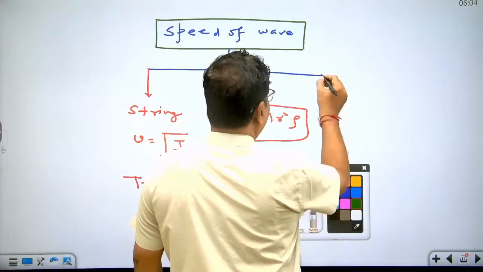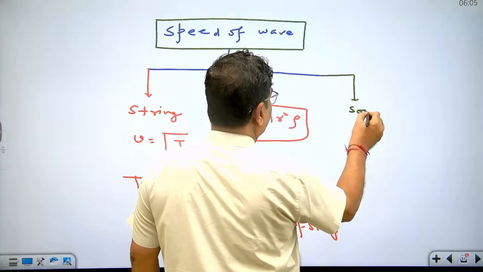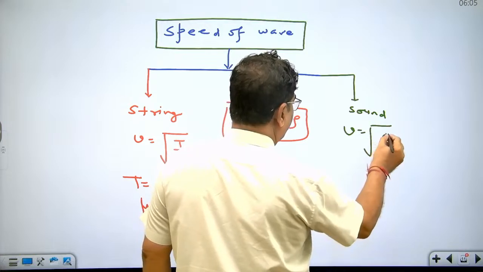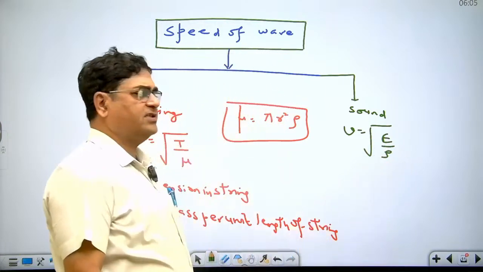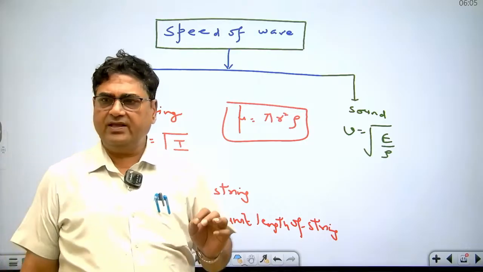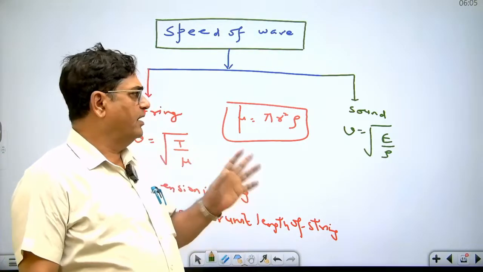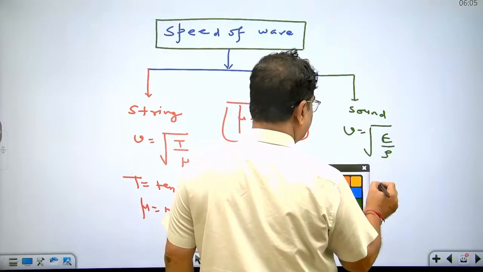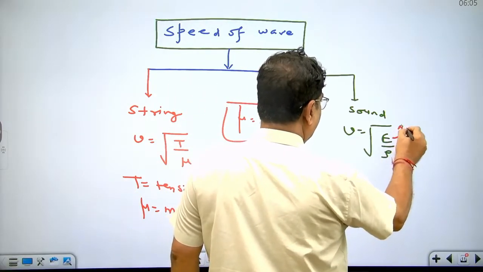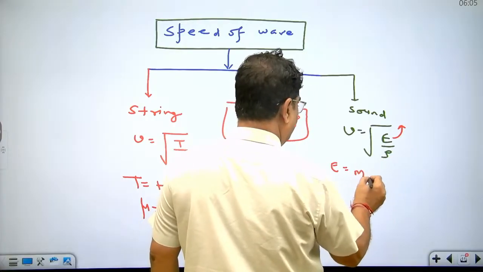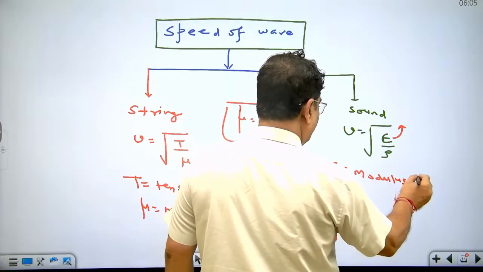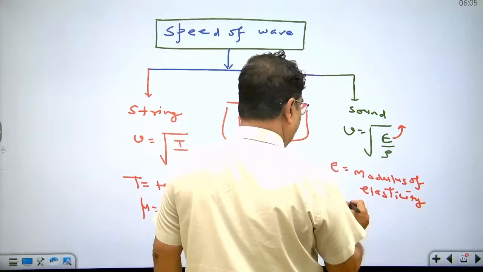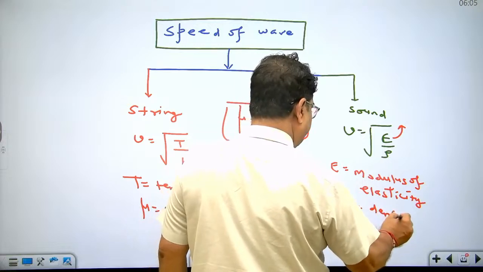Now if we talk for speed of wave in sound, the general formula is V equal to under root E upon rho, where E is modulus of elasticity of the medium, and rho is the density of medium.